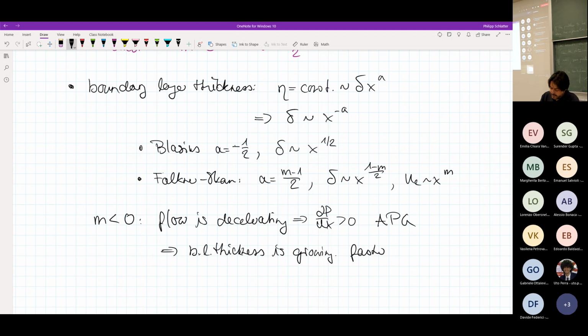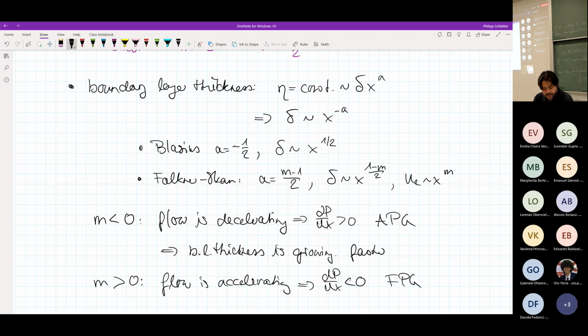In the opposite case, when we have m being larger than 0, then we have the situation that the flow is accelerating. That means that dp/dx is lower than 0, and this would be a favorable pressure gradient situation.